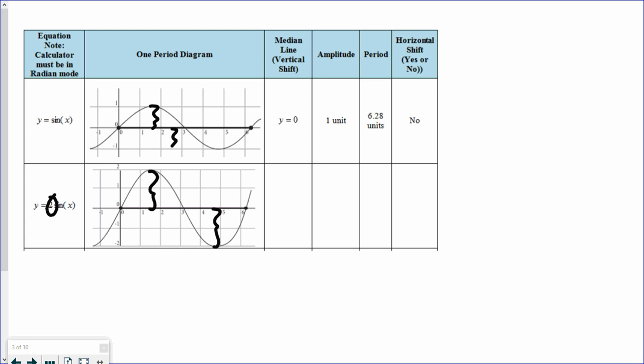As we changed the a value, right now there's a 1 in front of the sine, but now we've changed it to a 2, and what that changes is the amplitude of our graph. So now it's 2 units up and down. Our median line is still the same. Our period is still the same. If we look at the difference from one starting point to the repeat starting point, it's still 6.28. And since our starting point falls on our y-axis, there is no horizontal shift.